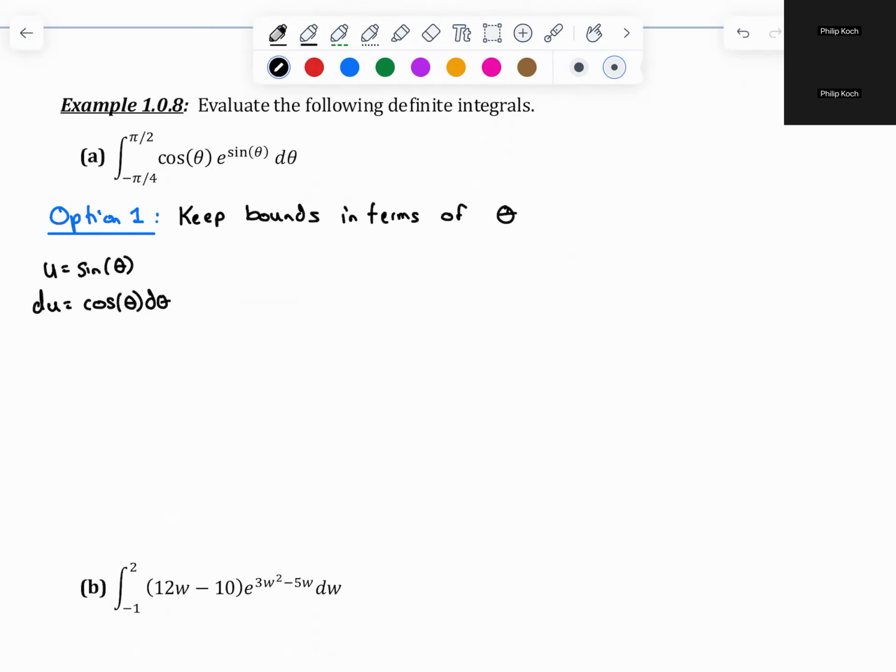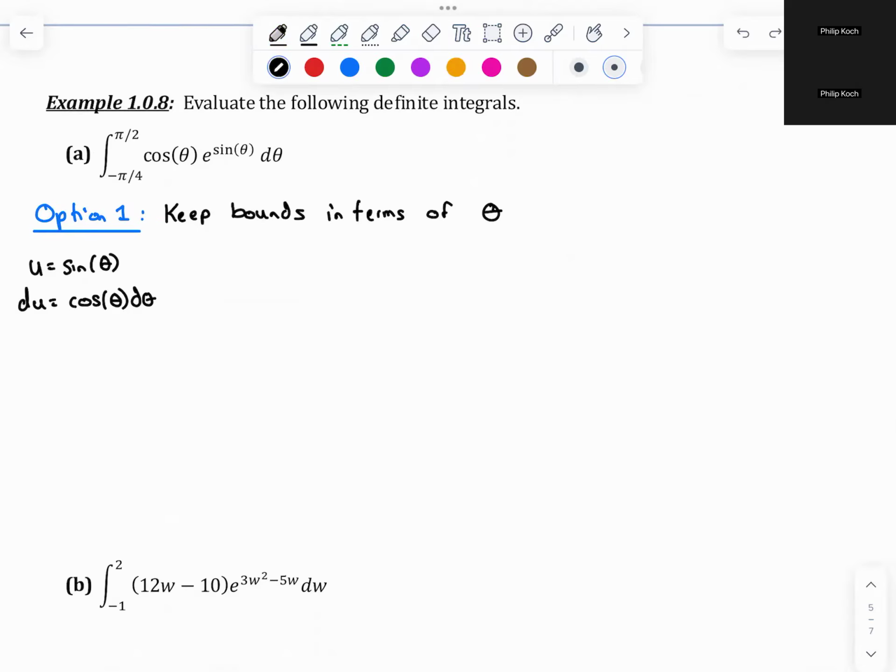You might notice right off the bat that there's a cosine and a d theta in both places, so you can just immediately replace cosine theta d theta with du. That being said, I just like to be able to do it for more general terms. This is a really nifty situation where it automatically pairs up. That's something I typically avoid, but if you feel comfortable doing it that way, more power to you.